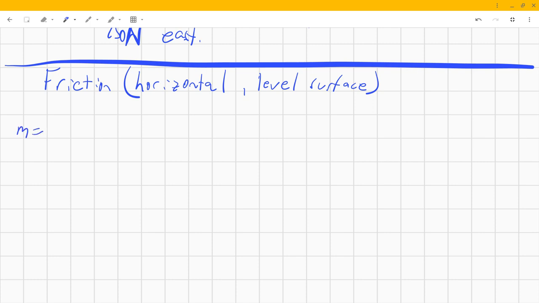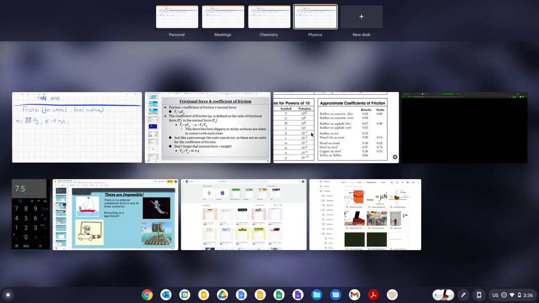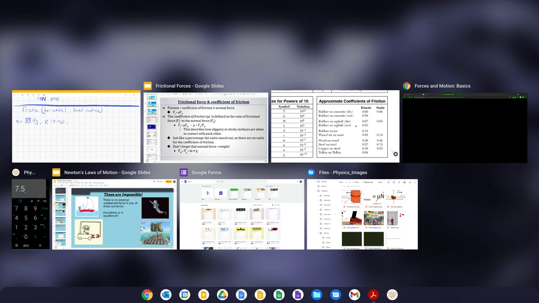Let's say that the mass is, I don't know, 88 kilograms, and it has an initial velocity of 0 meters per second, meaning the object is not moving. Let's check that reference table to see what surfaces they give us that are in contact.